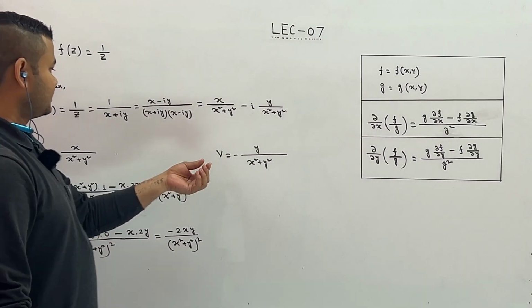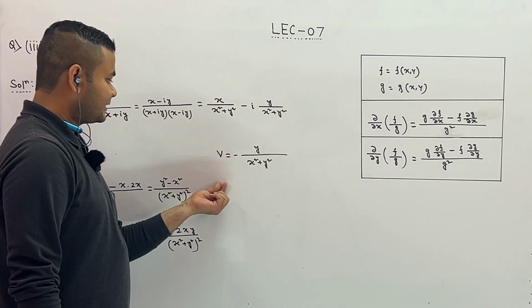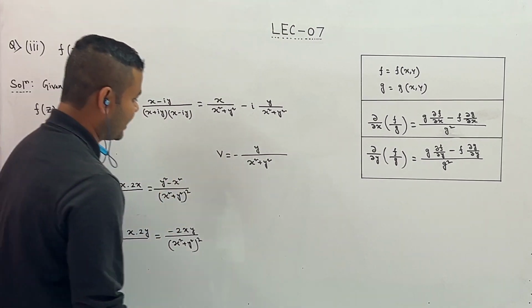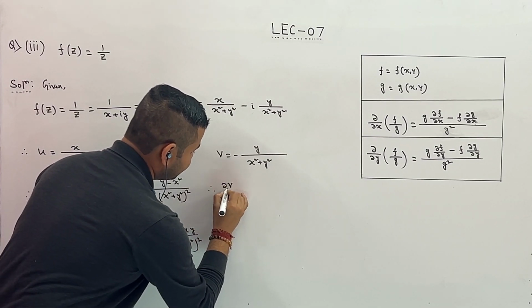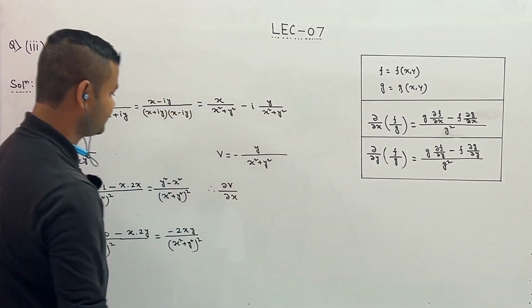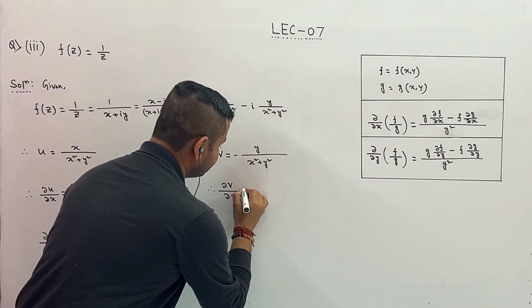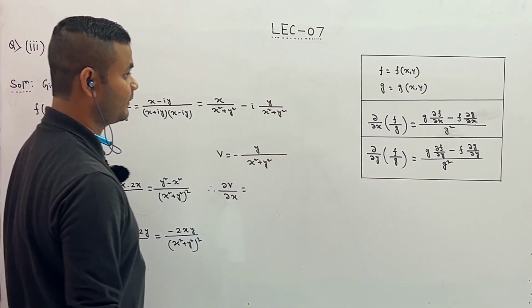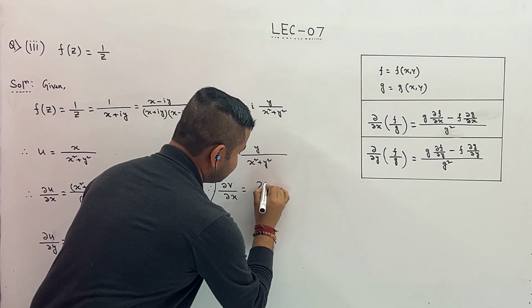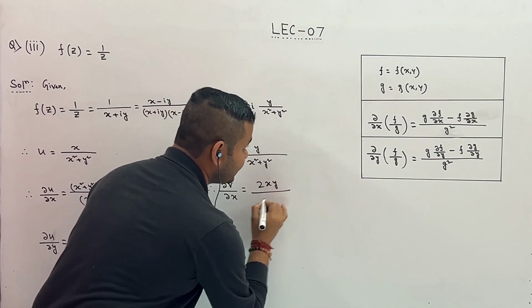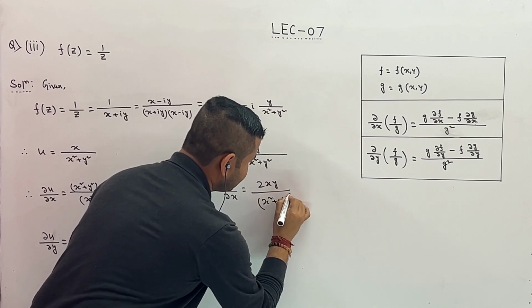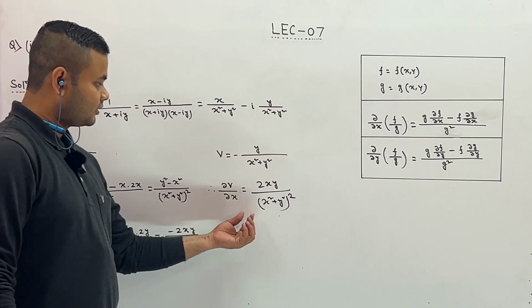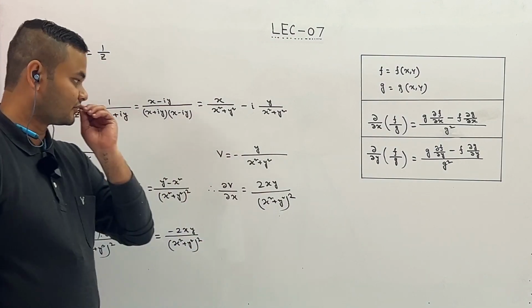Now, let us find out del v by del x and del v by del y. So, here del v by del x will be equal to twice xy divided by x square plus y square whole square. Please try to solve this part by yourself.